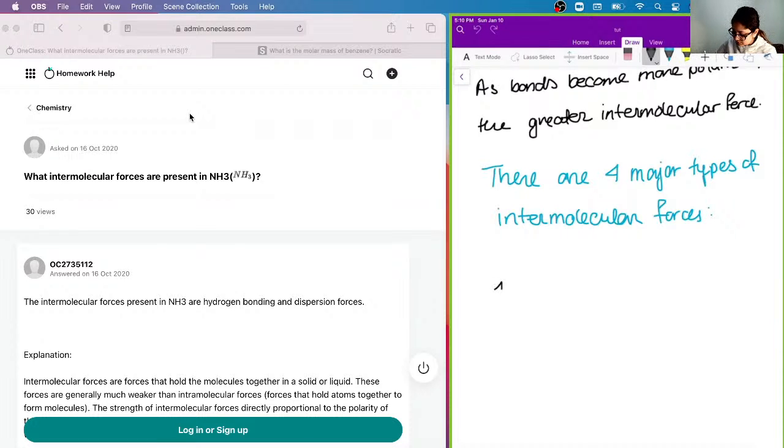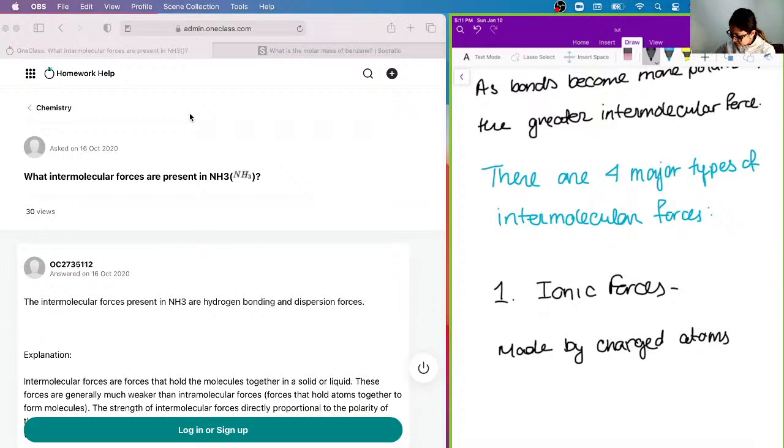Number one, the strongest, is the ionic force. This force is made between charged atoms, also known as ions.